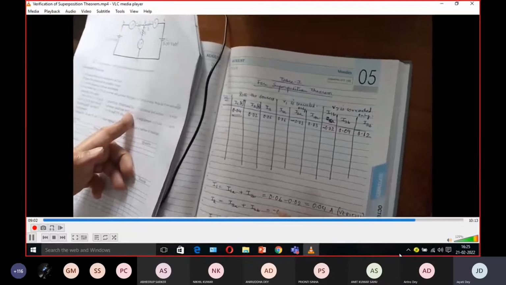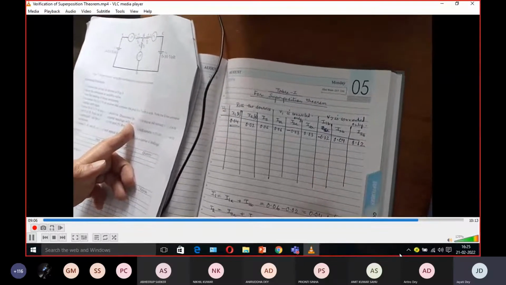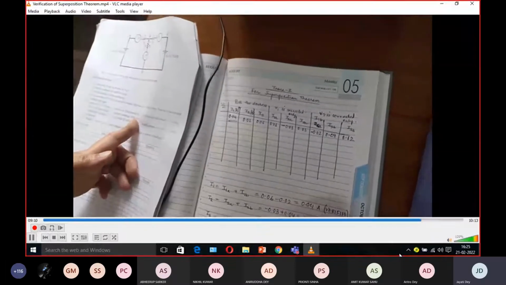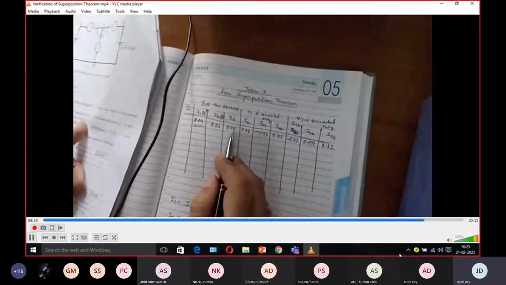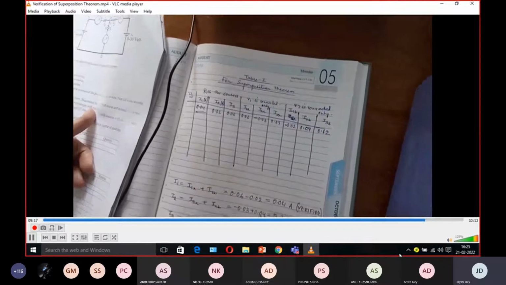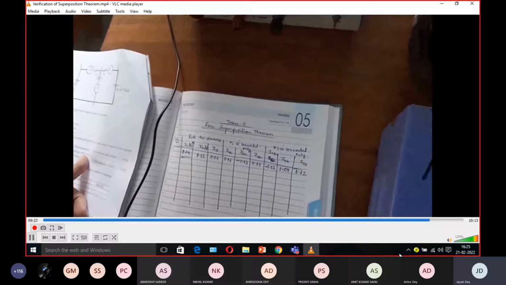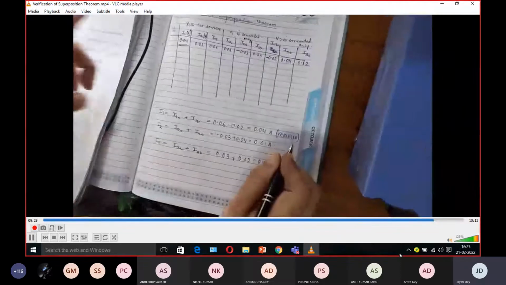Next is I2A and I2B, and I3A and I3B. Now look at here.